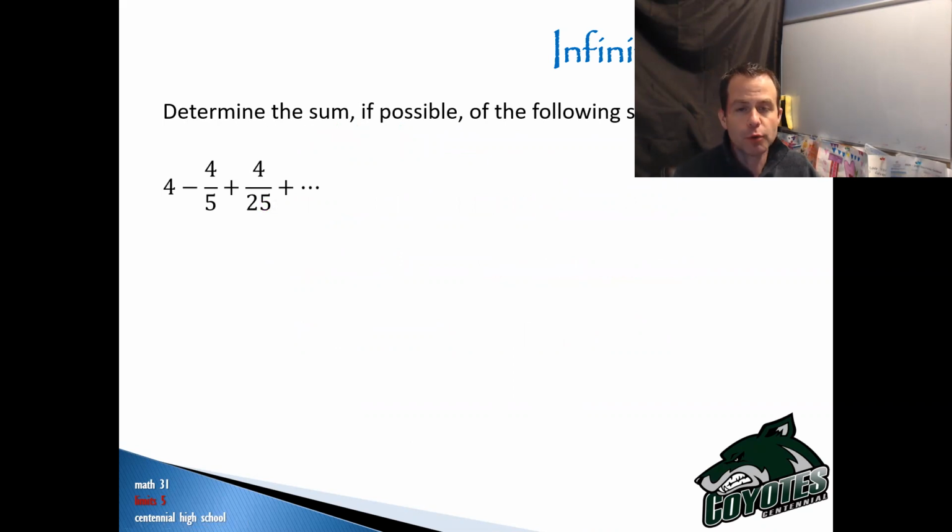So I'm looking at 4 going to -4 over 5, going to +4 over 25. How am I doing that? I am multiplying by -1/5 each time. So my r value is -1/5. The absolute value of r is less than 1 here, so I do have a convergent series.